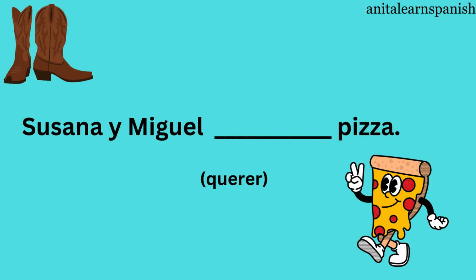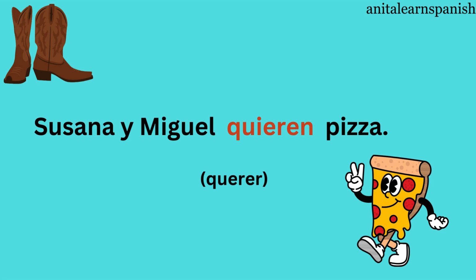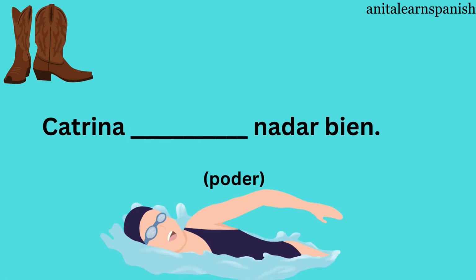Susana y Miguel blank pizza. Okay, so let's think about it. Ooh, that's in one of the boot forms, that ellos, ellas, ustedes form. Yes, there's a stem change. We have our regular ending of en, and we have Susana y Miguel quieren pizza. Katrina blank nadar bien.